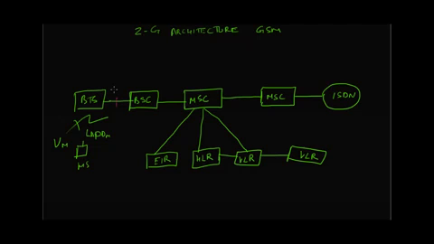The interface between BTS and BSC is the A-bis interface, and again the protocol is LAPD. The interface here is the A interface. Protocol is BSSMAP, base station subsystem mobile application part.